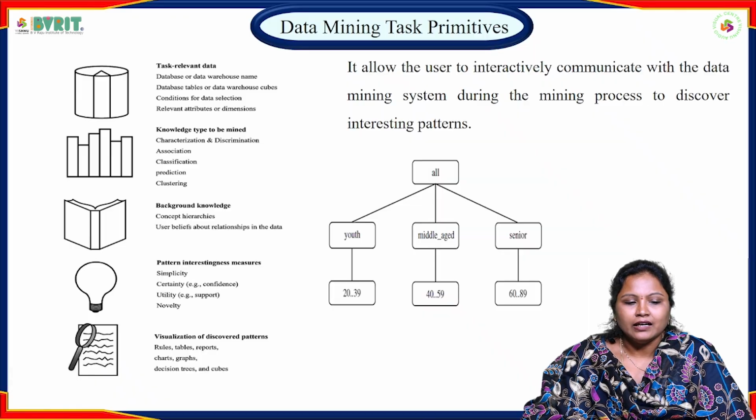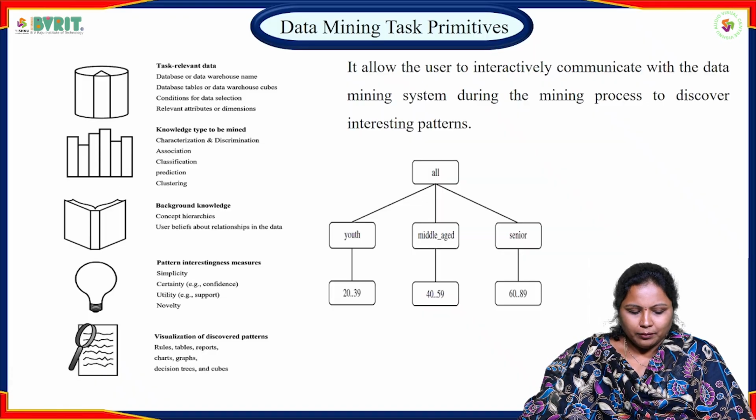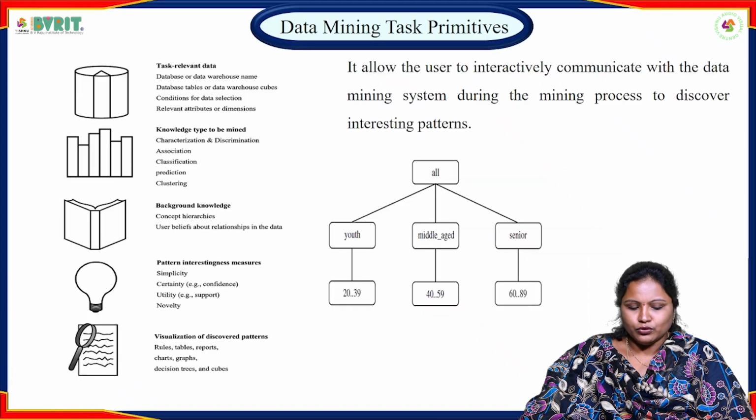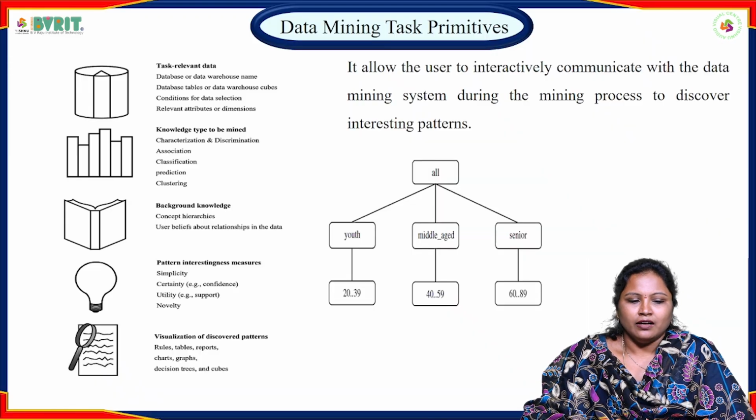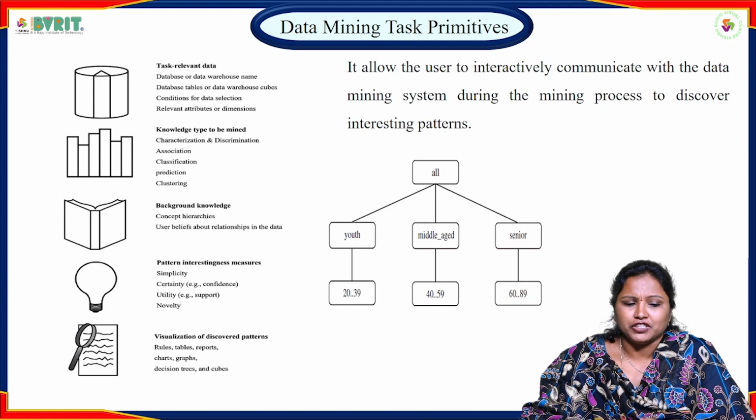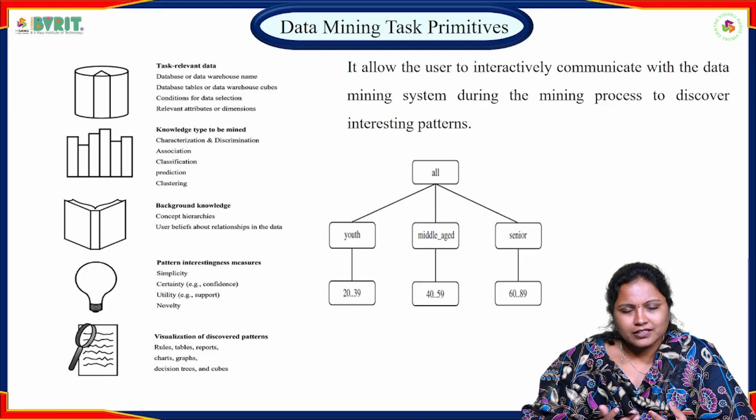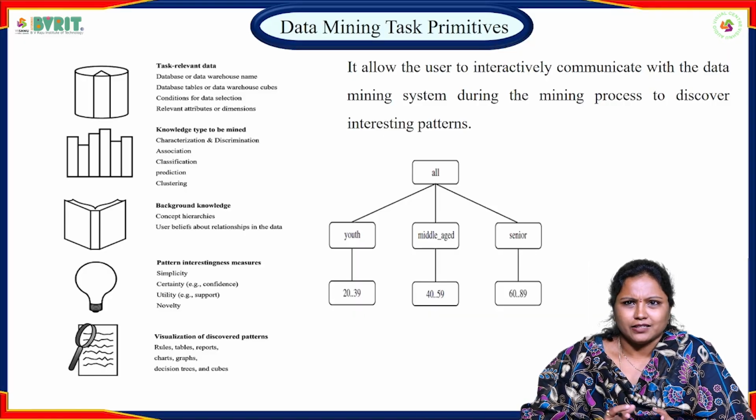The second one is knowledge type to be mined. There are different processes to mine data from data warehouse sources, like association, classification, prediction, clustering, characterization, and discrimination. Let us consider a healthcare system project.